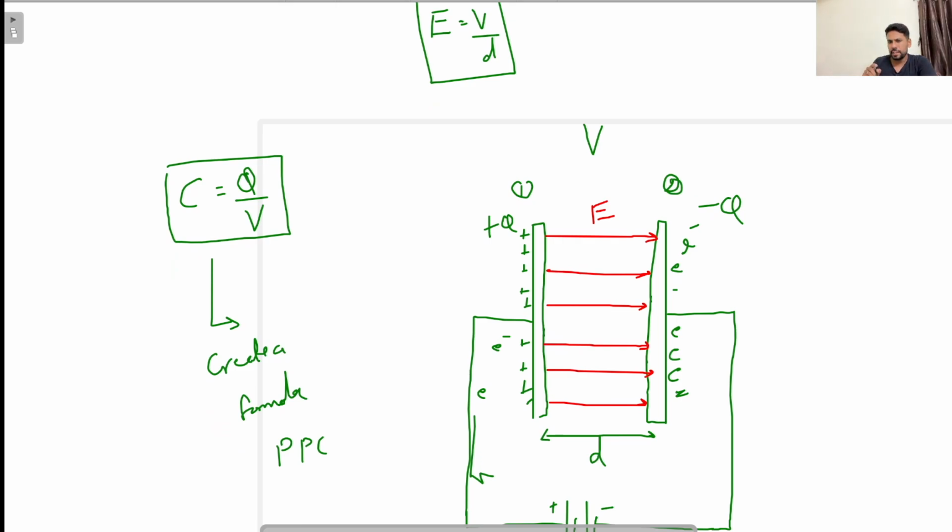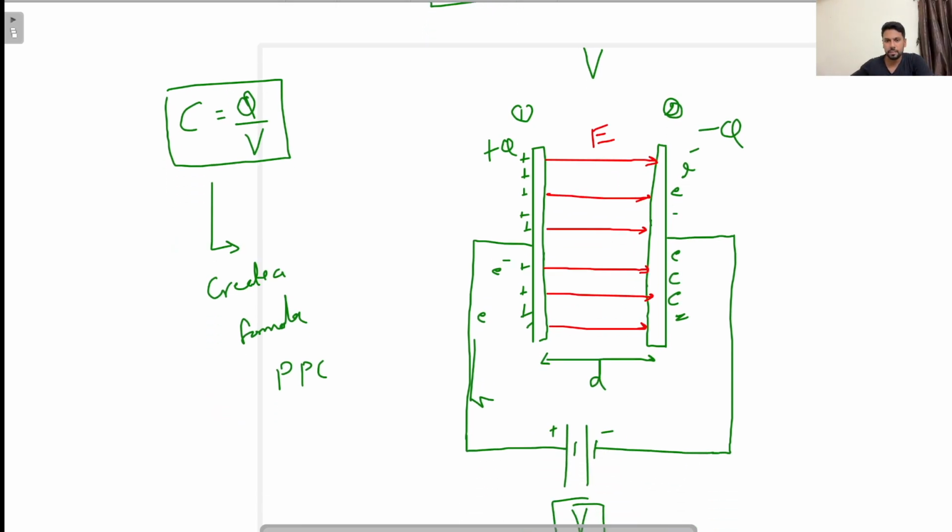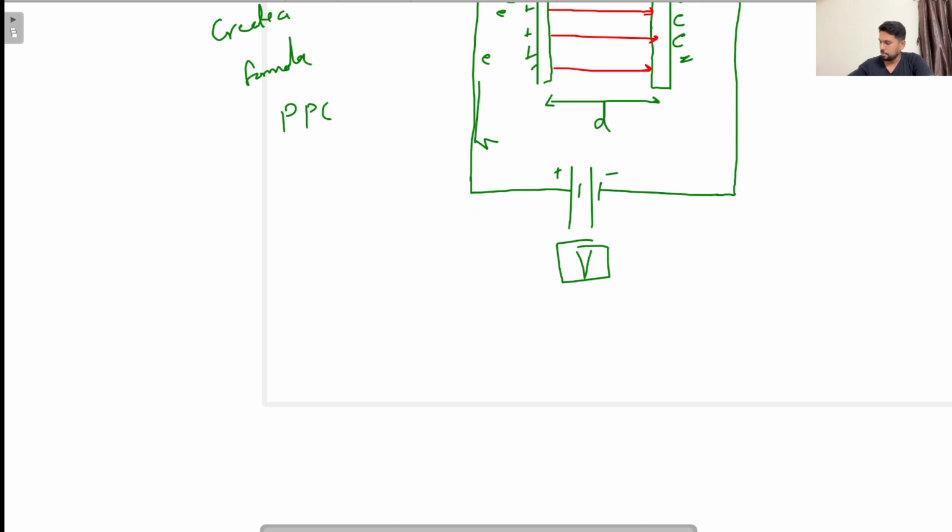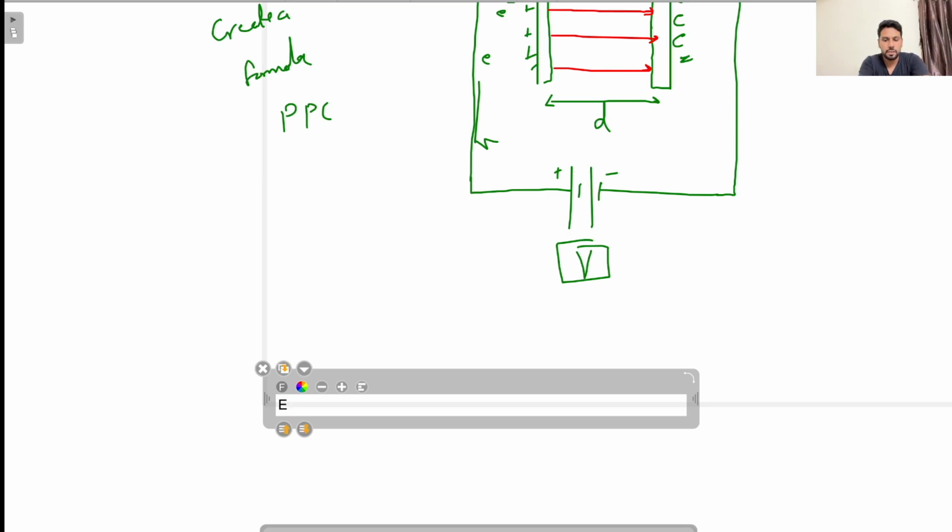Now let me recall one more formula for you, and that formula is the electric field between two oppositely charged surfaces, or I would say oppositely charged plates.